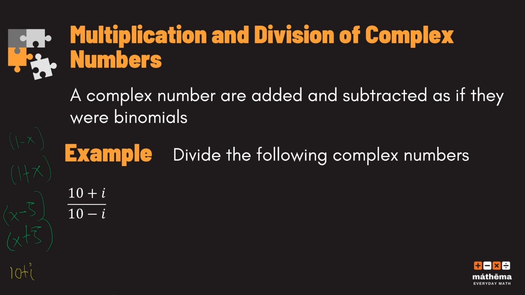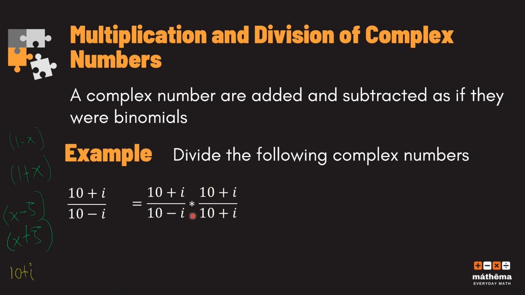So we are going to multiply our expression by 1 using the conjugate. So we will have 10 plus i over 10 minus i times the conjugate, which is 10 plus i over 10 plus i. Remember, if we simplify this part of our solution, this is actually 1.